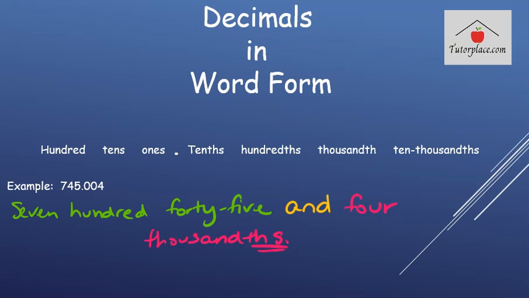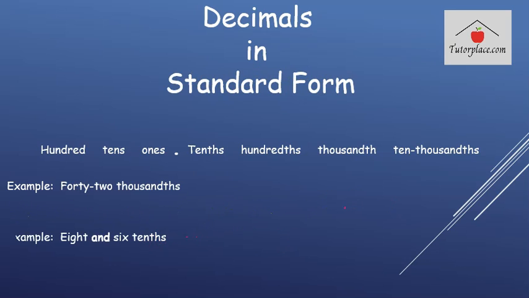Now, we need to realize that sometimes they're given to you in word form and you have to write them like a regular number. That's called writing them in standard form. So, if we have 42 thousandths, the big key here is seeing this THS.